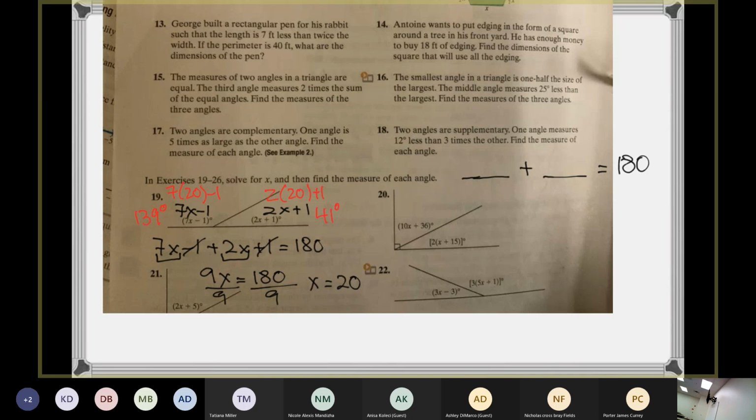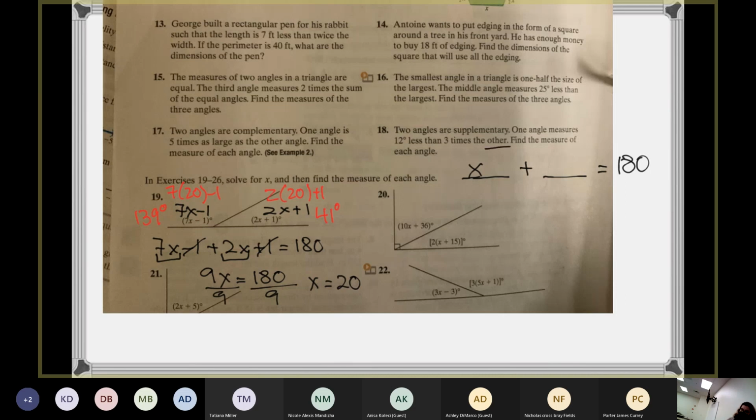Any thoughts on that? We just want to use the variable x. Yes, Danielle, you are correct. One angle is just plain simple x. We don't know anything about that angle. But we know that the other angle is 12 less than 3 times the other.